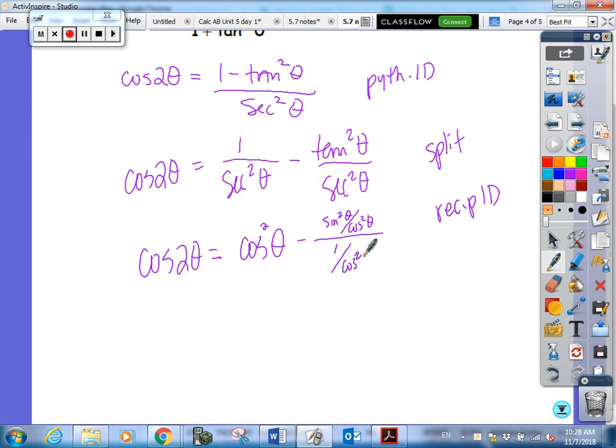And I already used my reciprocal ID, so reciprocal and ratio ID.